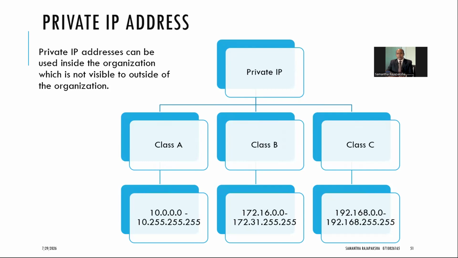Class C: 192.168.0.0 to 192.168.255.255. So like that, we have assigned this private IP address. Just keep in mind these private IPs can be utilized within the organization however you like.